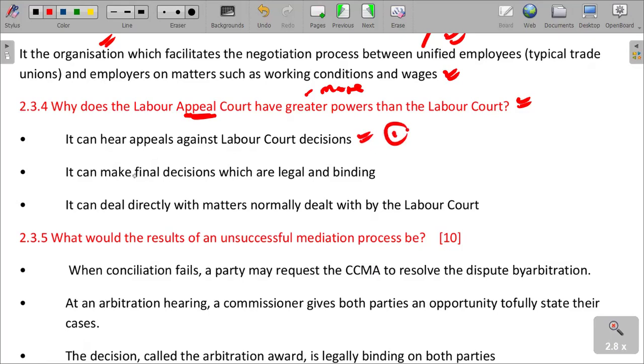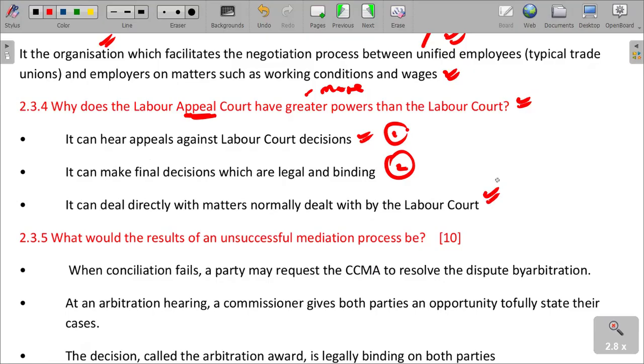And also it can make final decisions which are legal and binding, meaning they can be observed and implemented, and they are actually real amongst the parties involved. It can deal directly with matters normally dealt with by the Labor Court.